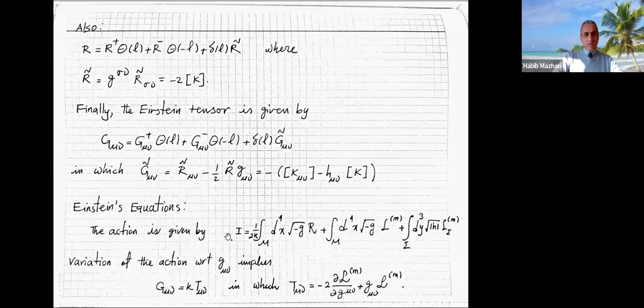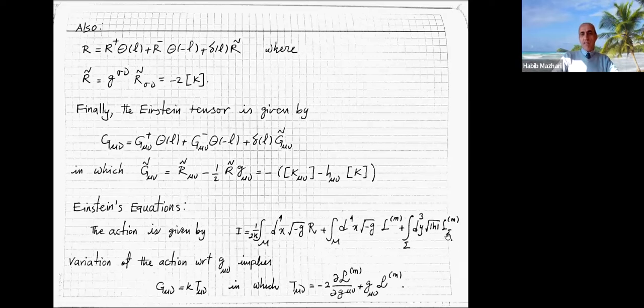So the Einstein equation can now be constructed because we have everything. The action is given, as you see here, with the Ricci tensor, over the entire composite space-time. And we have matter inside the composite manifold, and also on the surface.